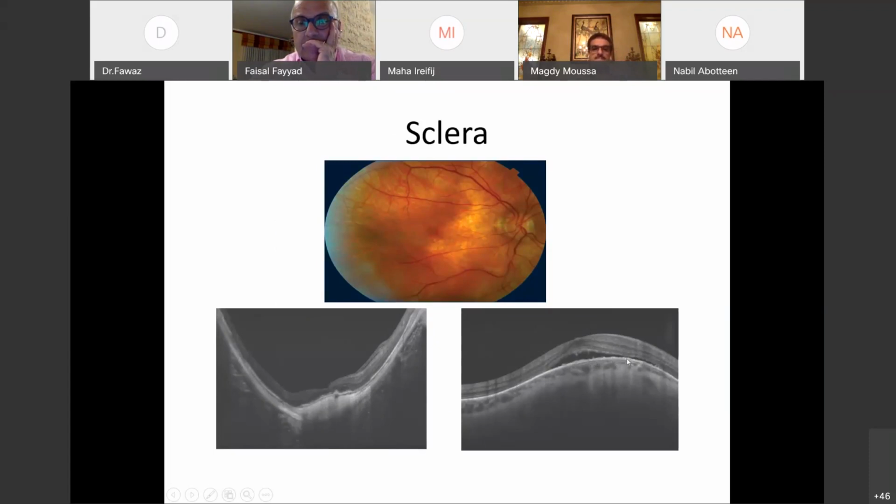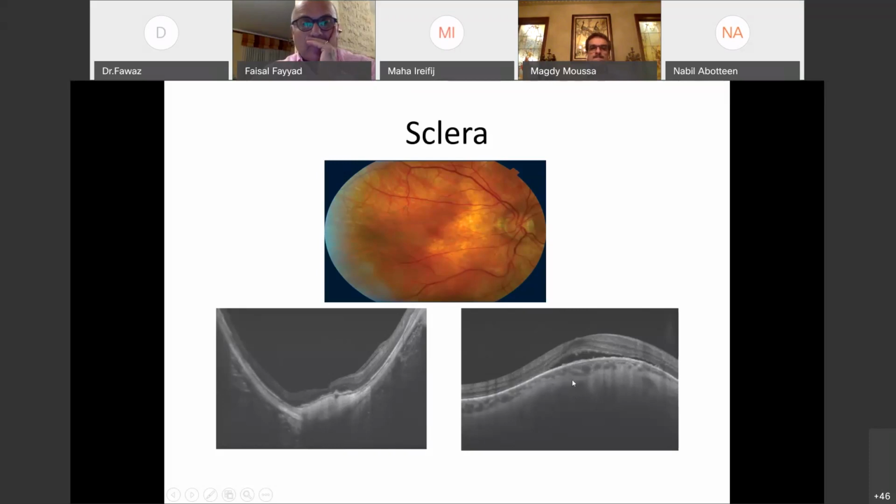Because usually this dome-shaped macula is associated with subretinal fluid, and this subretinal fluid will not resolve with any kind of injection. It may be mistaken for a CNV or sometimes even CSR, but it's just fluid due to this dome-shaped elevation. This elevation of the sclera is usually caused by the difference in scleral thinning between the sclera over the macular area and the neighboring sclera. So we want to keep this in our mind.